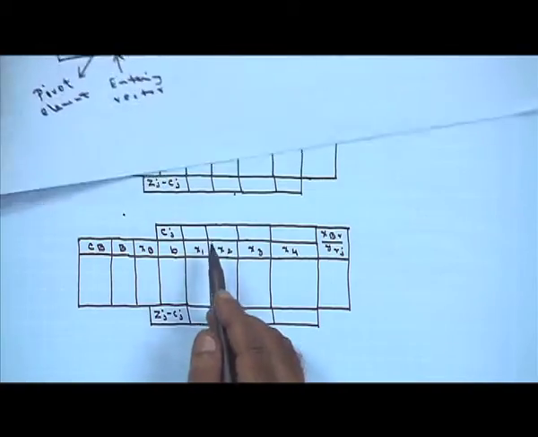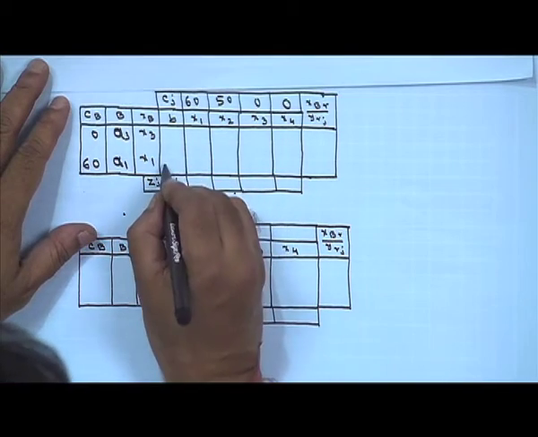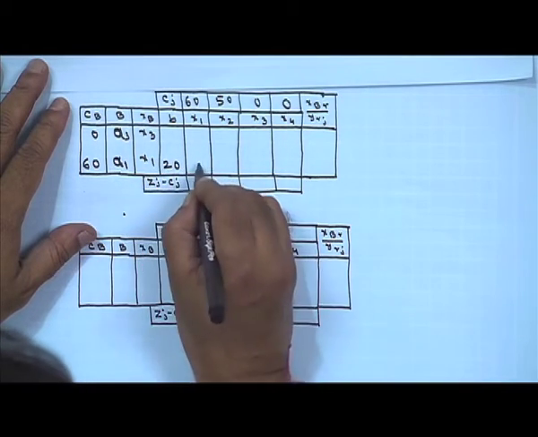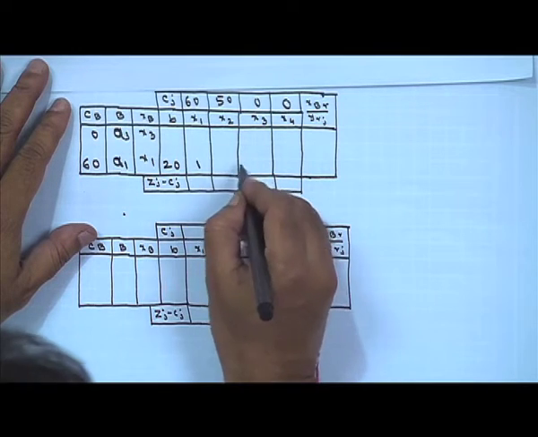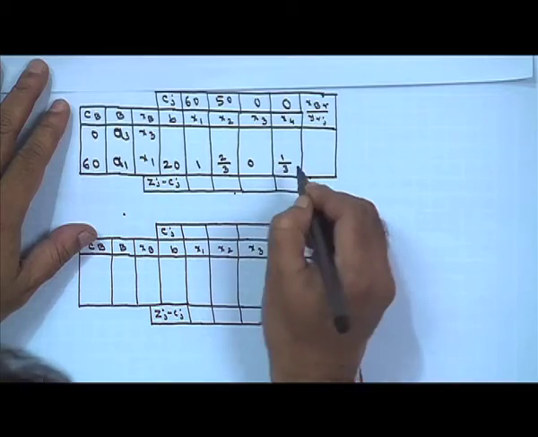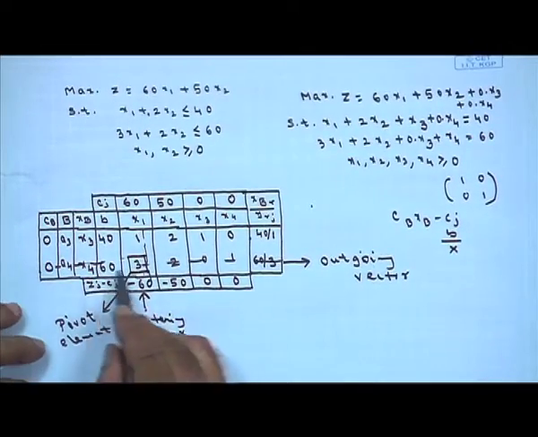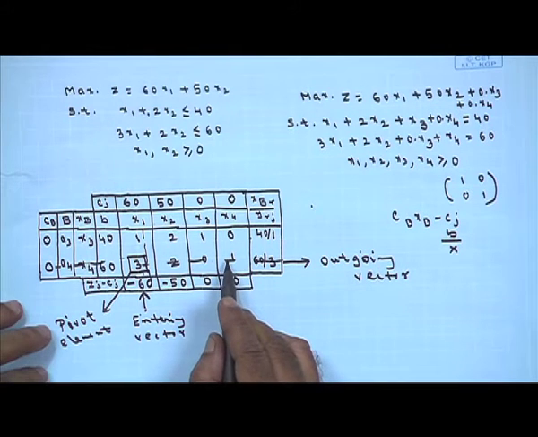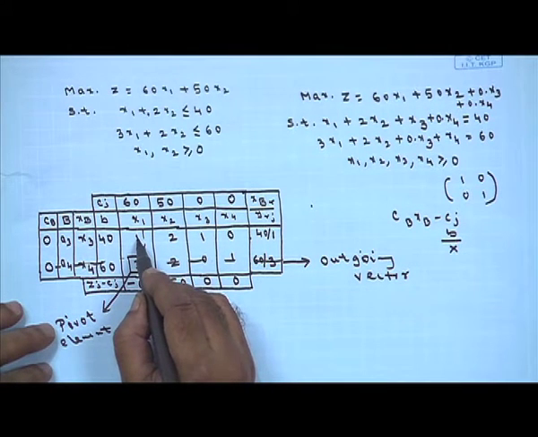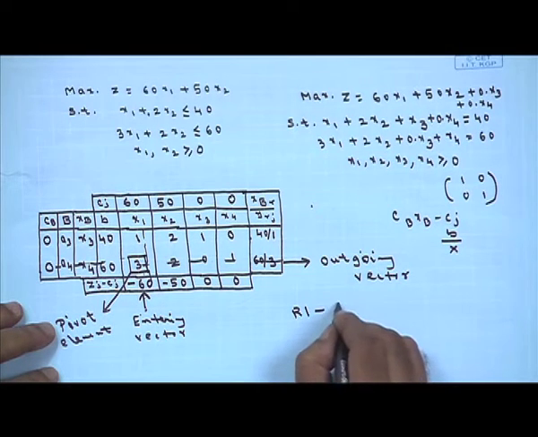So, that I will obtain here 20, it was 1, then it is 2 by 3, 0 and 1 by 3, simply by dividing this. Now, how to make this element as 0? This is row 1 minus row 2 by 3.